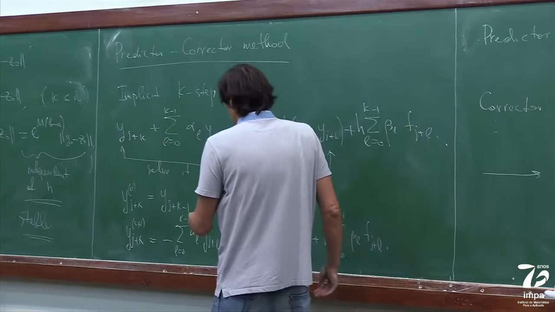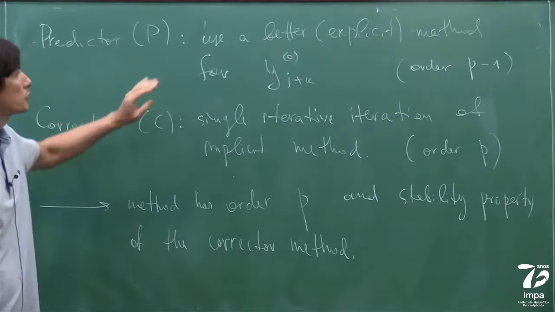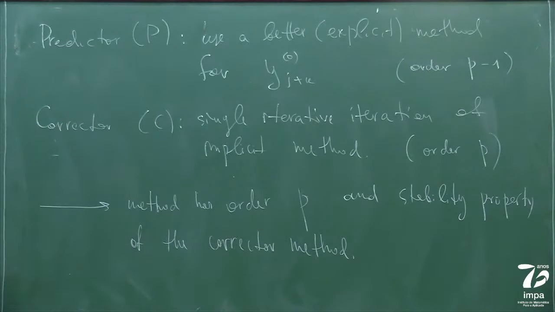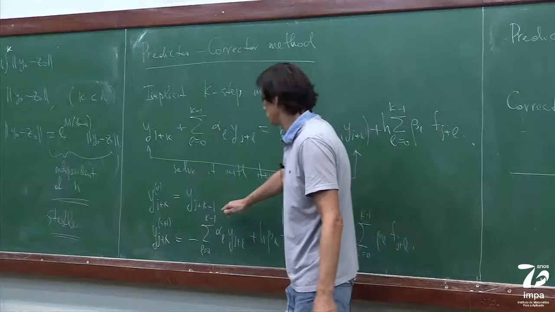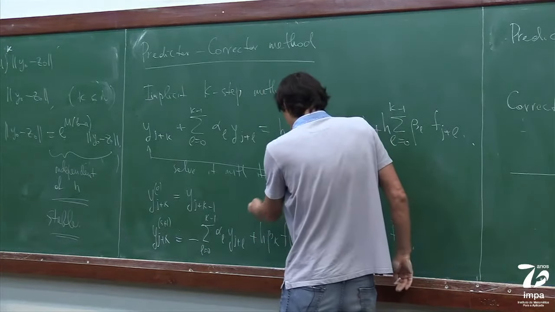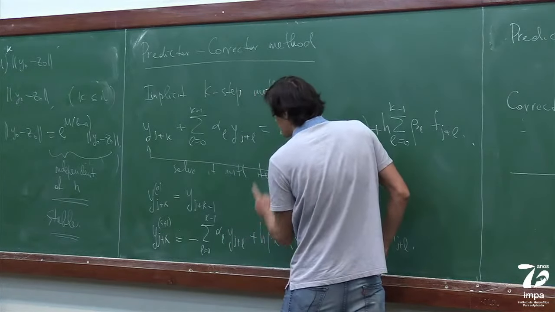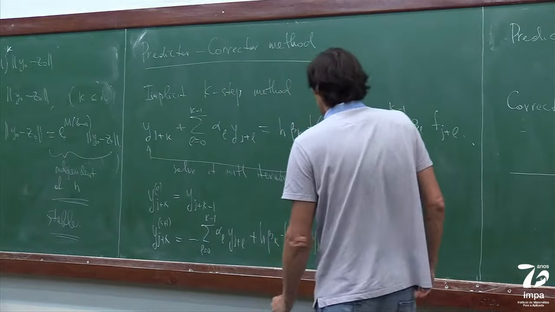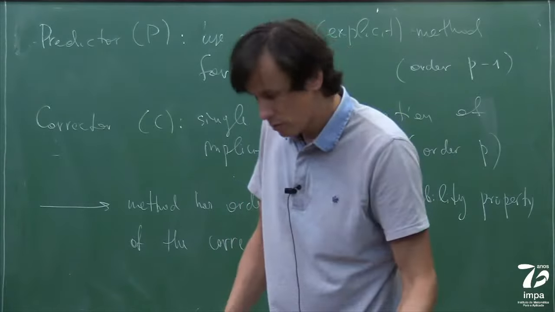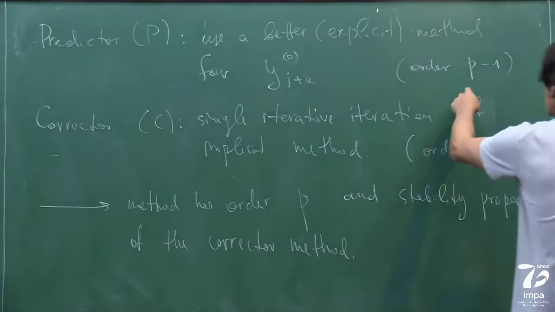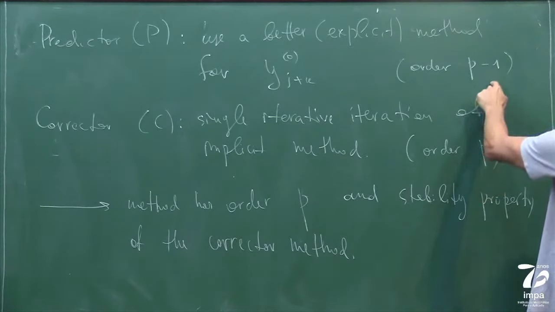We make the first guess much better, using some other explicit method, because it will not lead to instability. It's just a guess. And then we use the iterative step just a single time based on the implicit method. What you can prove is that for the guess you can use a method which is one order less.